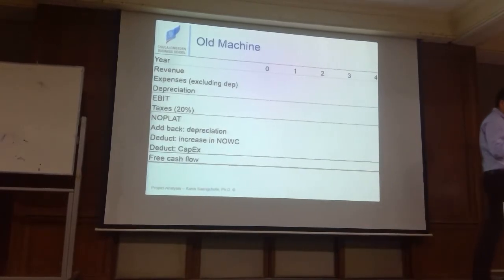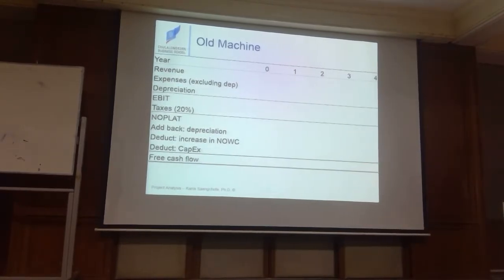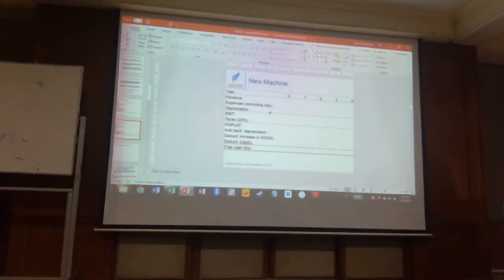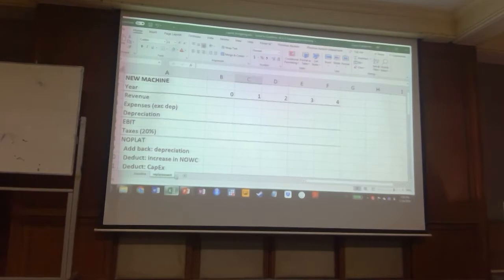I think it's better to start with the new machine. So let's build the new machine first, then we're going to go back to the old machine and compare. Okay, so let's start with the new machine. Revenue is 300,000.